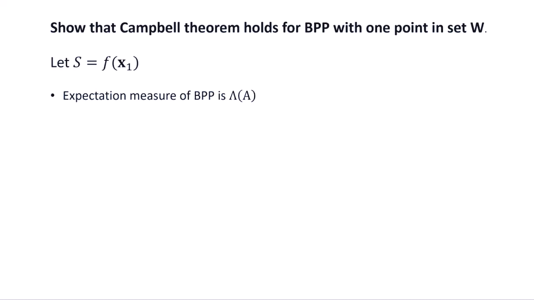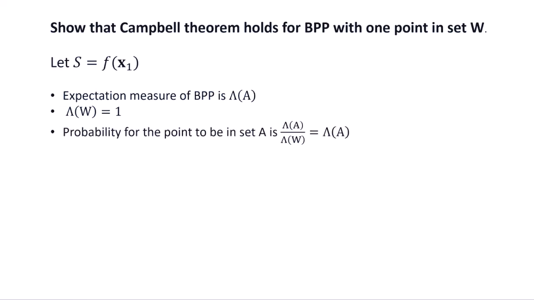To calculate this, suppose we don't want to use Campbell's theorem; we will do an alternate way and show that it will be exactly equal to what Campbell's theorem will give us. So the expectation measure of a binomial point process is Lambda(A), and Lambda(A) should be such that if I put W here, Lambda(W) should be 1, because the mean number of points in W should be 1 since there is only one point.